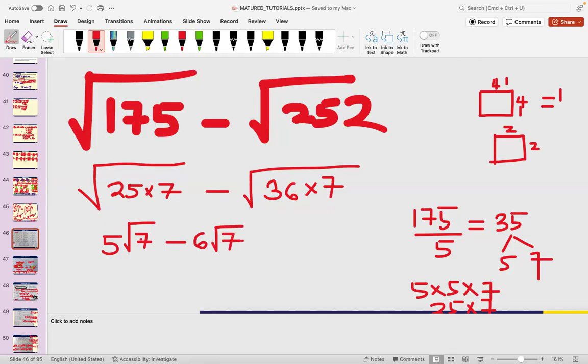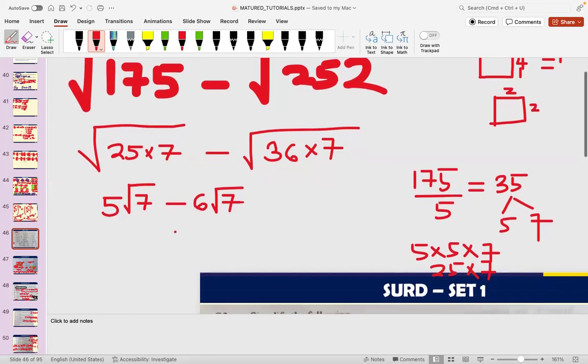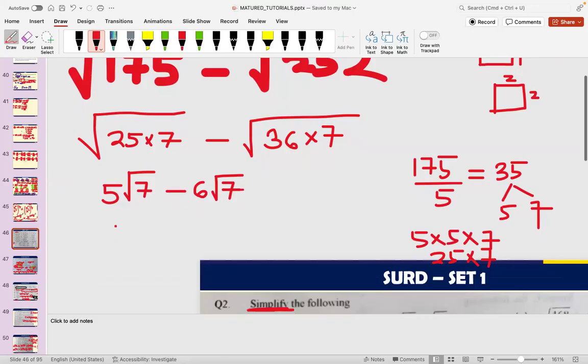So once you have the same numbers under the square root sign, then we apply the second law, which says that if you have A root M minus B root M, your final answer is A minus B root M. And that's what we are doing.